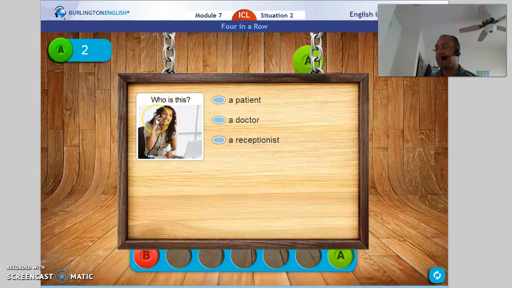She has a telephone in her hand. She is speaking on the phone. Is she a patient? Is she a doctor? Or is she a receptionist? I believe she is a receptionist. Yes, she is. Very good.